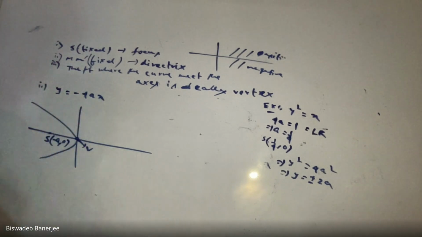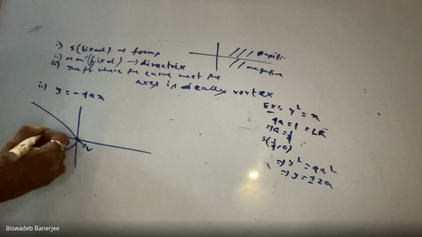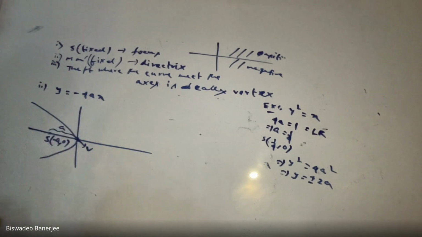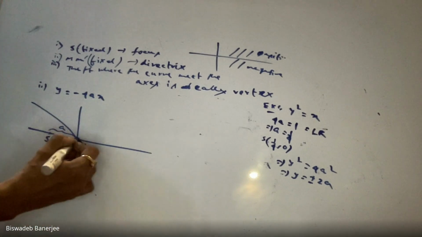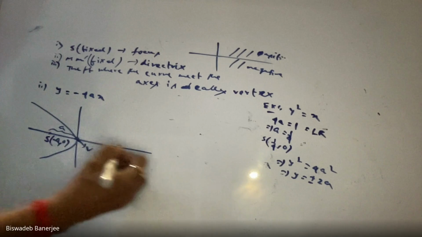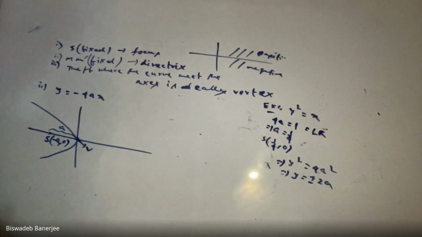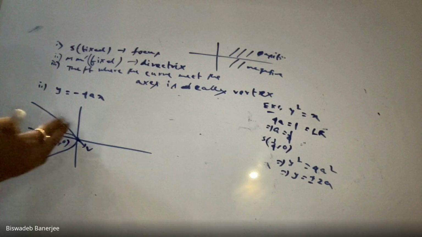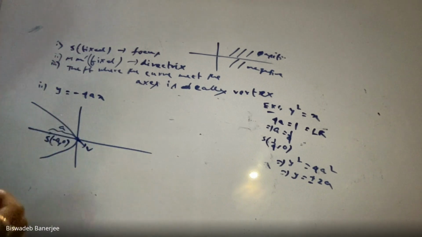I again repeat, minus only indicates the negative half of the x-axis, but the length is a. Here the minus sign indicates the negative direction, because for the x-axis there is a positive direction and a negative direction. So this length is a, but since it is in the negative direction, it is minus a comma 0.